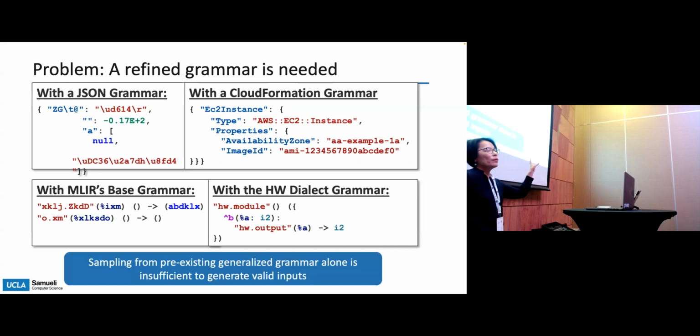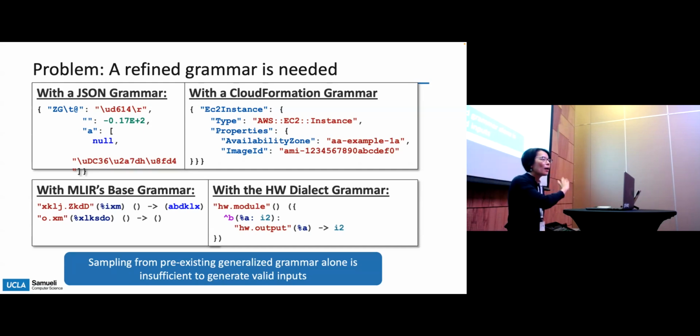What you see on the left is a JSON grammar, which will produce random things. But if you want it to work for AWS CloudFormation, you need each key and value to have meaningful names or meaningful dependencies.